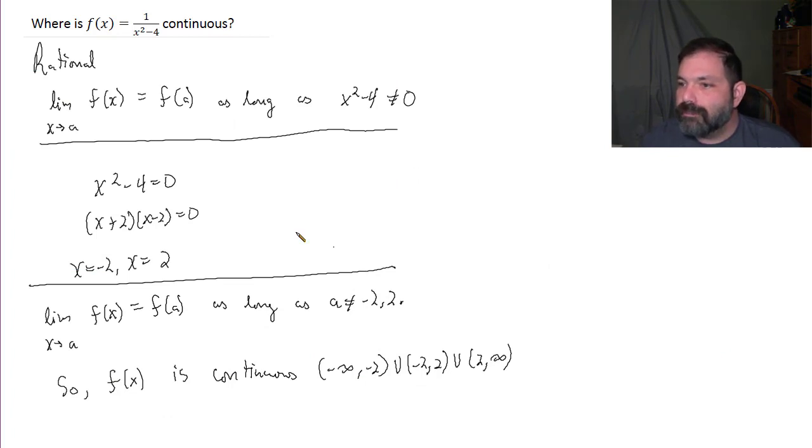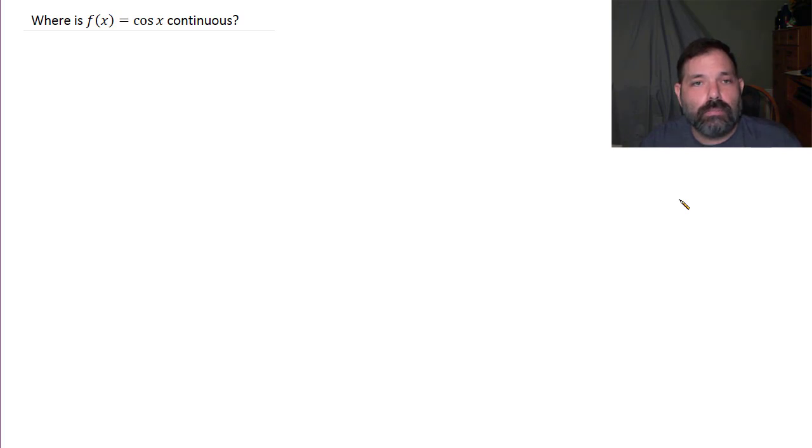Let's look at another one. What about the function cosine x? And if you think about the graph of the cosine function, there were no breaks in the cosine function. And so the cosine function is continuous everywhere.